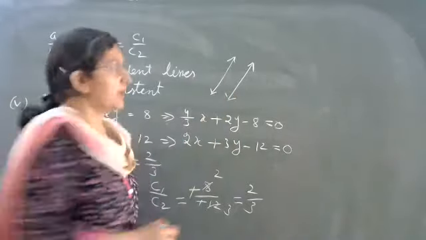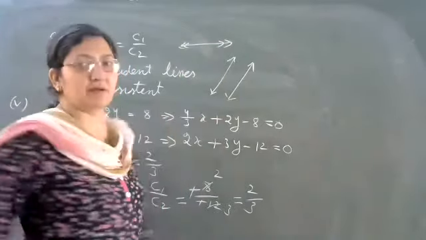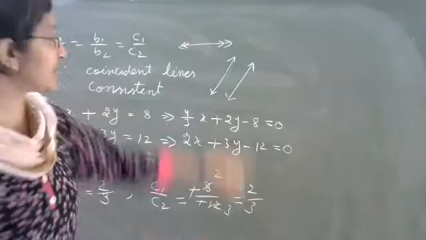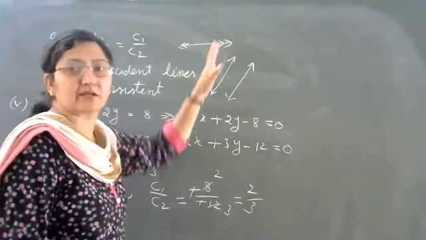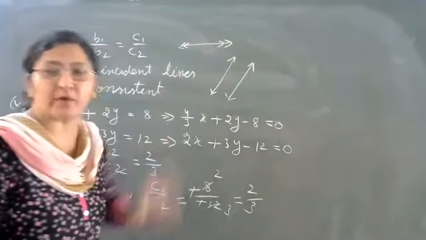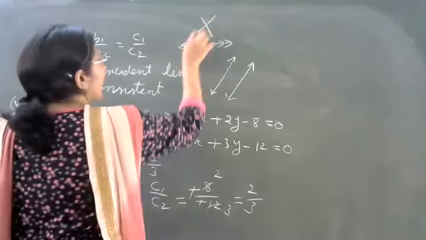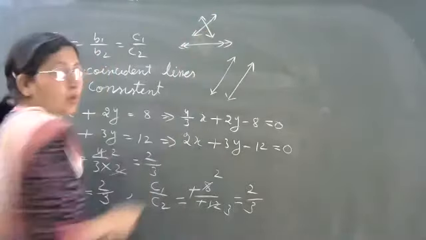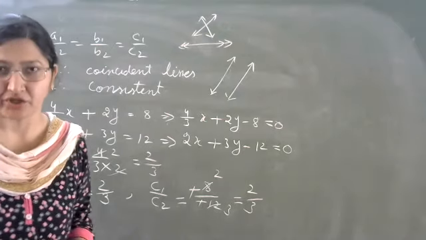If coincident, every point on the first line is also on the second line, so infinitely many solutions. And if intersecting, you have only one solution, the point of intersection.